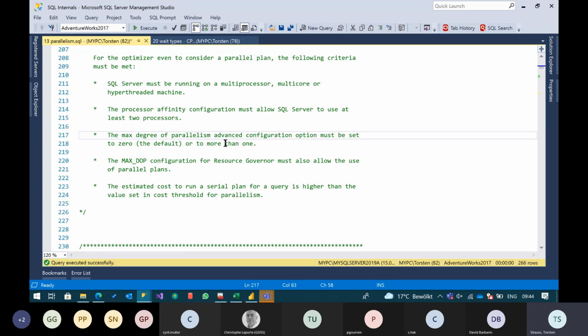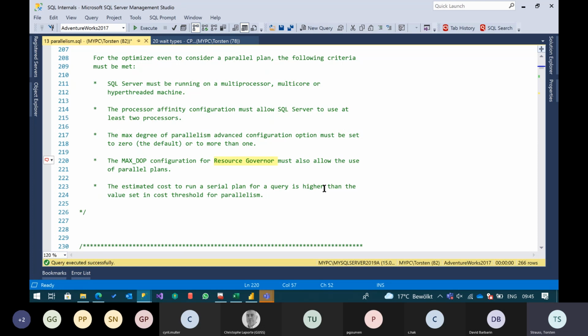because of missing parallelism. Okay, so there's another prerequisite which is related to the resource governor. I'm pretty sure we have time so that I can present the behavior and the functionality of the resource governor. But overall, on a resource pool, you can set the maximum degree of parallelism, which allows you, I would say, more control over specific connections.